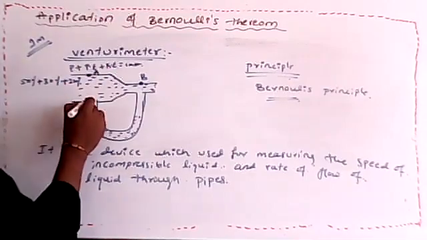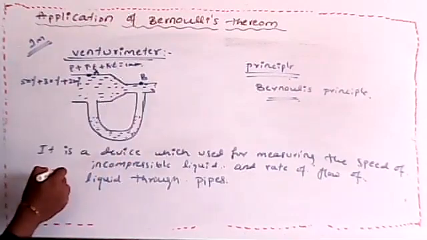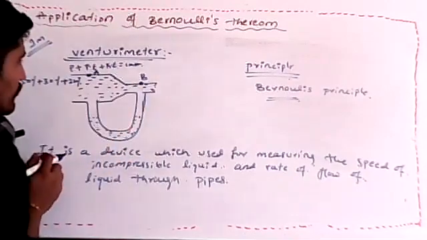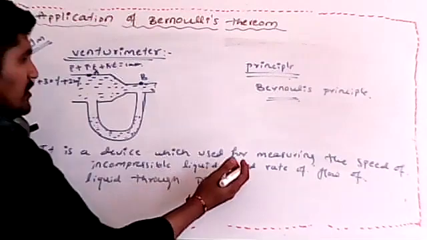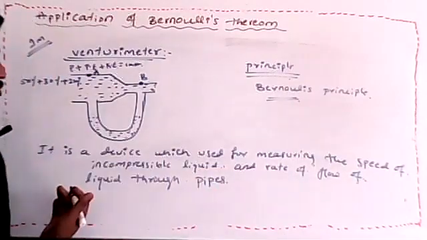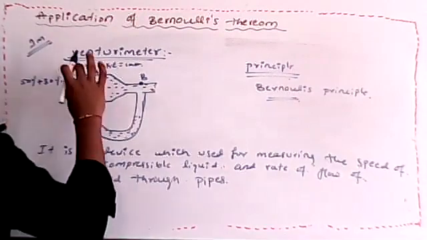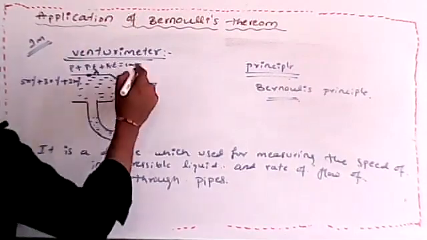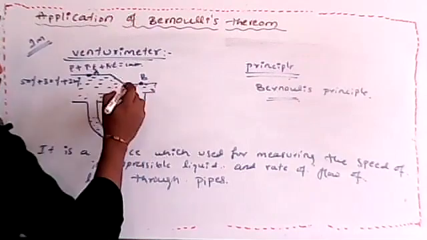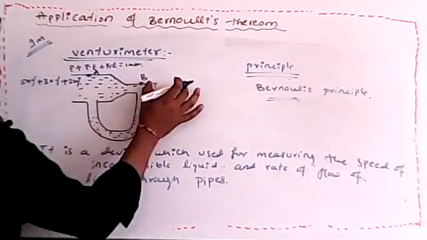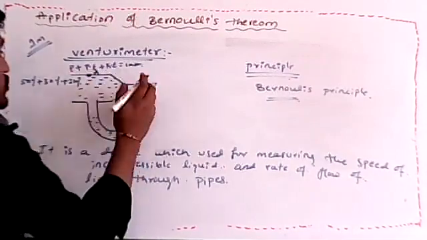But remember, when liquid passes through this venturimeter, why do we need it? To measure the speed of an incompressible liquid. So what will happen, students? Whatever the energy is, the same ratio you will not get here. Why? Because the total energy remains constant, but there will be a change in the ratio.